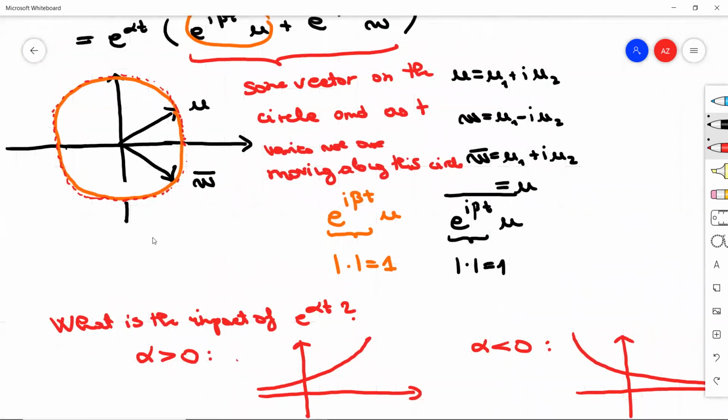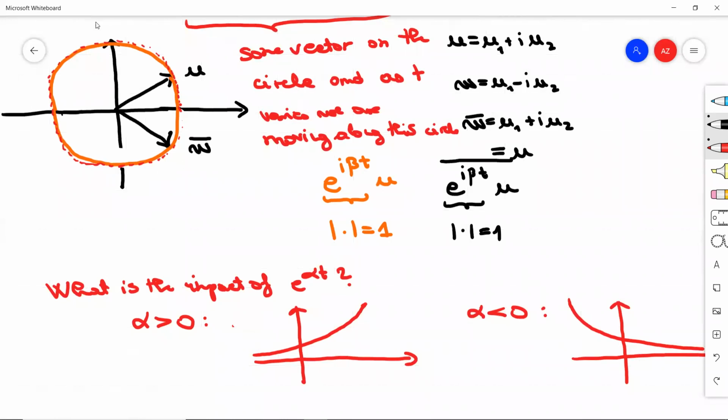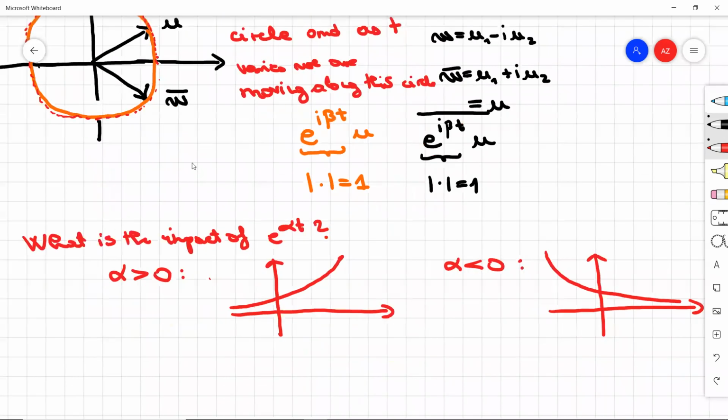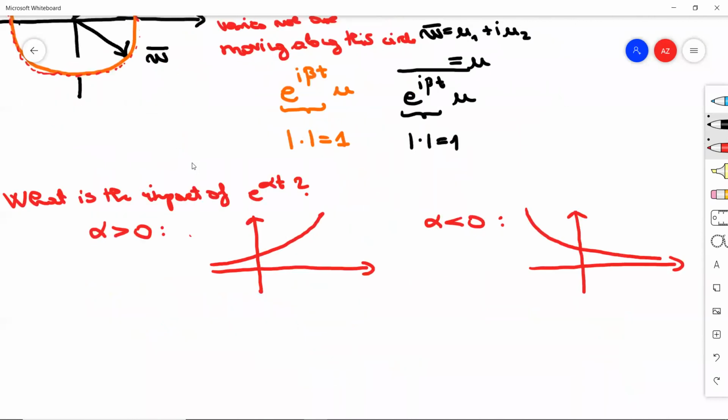So in fact, we are moving along the circles, but for bigger alphas, we are jumping from a circle to a bigger circle. But if alpha is smaller than 0, we are jumping from bigger circles to smaller circles. And we can also compute the limit.